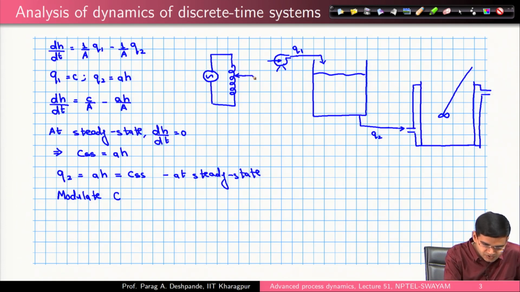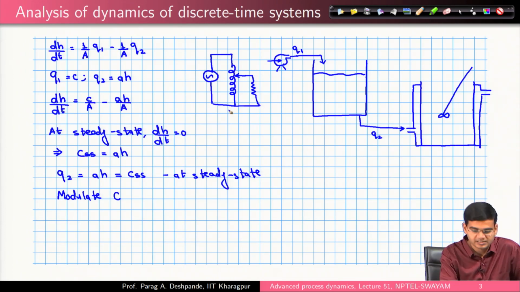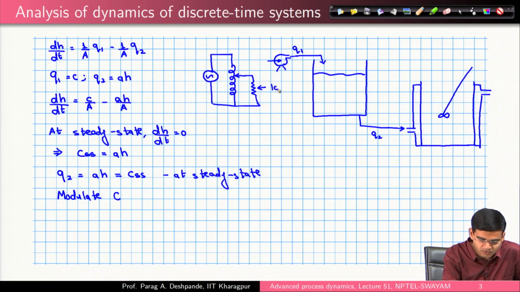Okay. So, this is the load, and this load is nothing but your pump.